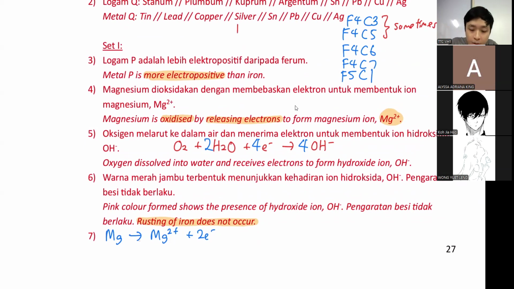But in the SPM record so far, these two never came out as essay. So far all in structure. Form 4 chapter 8 came out before, in SPM 2024, in question 11.